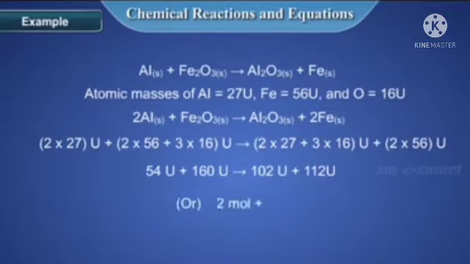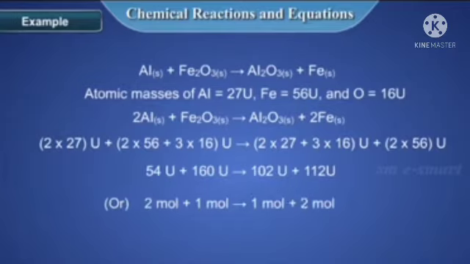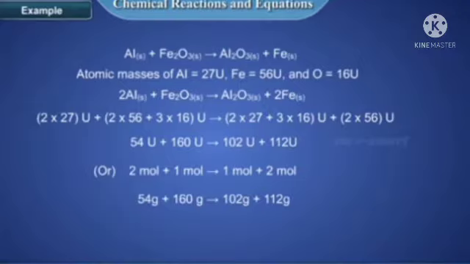Total 2 into 27 equal to 54 plus 2 into 56 plus 3 into 16. Totally 160 unified masses gives rise to 102 units plus 112 unified mass, or aluminium is 2 moles plus 1 mole of ferric oxide gives rise to 1 mole of aluminium oxide plus 2 moles of iron.